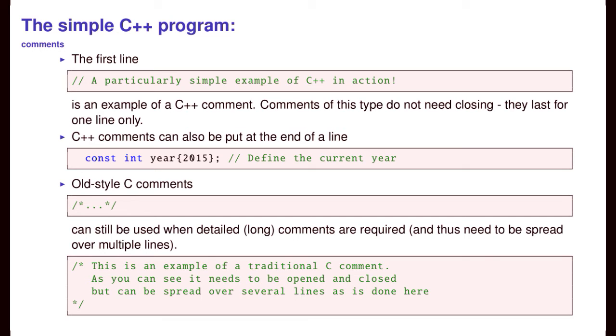They last for one line only, or actually they last for all the characters that come after the double slash and then essentially to the end of line. Which means you can also put them after some text, and essentially as long as they go on to the end of the line, it can be a comment as well. So normal C comments start with a /* and end with a */. They can still be used in C++.